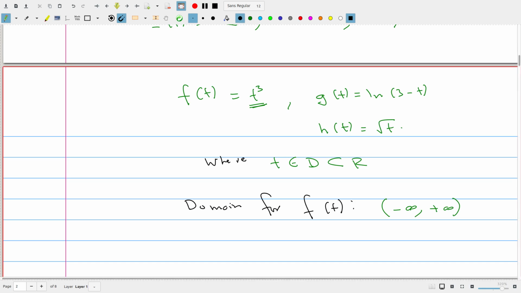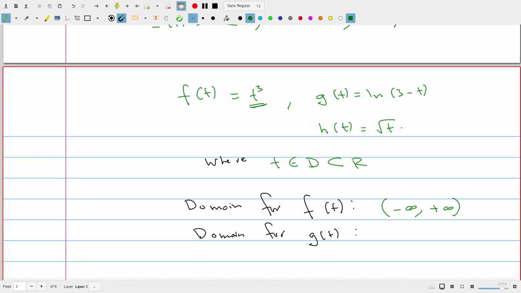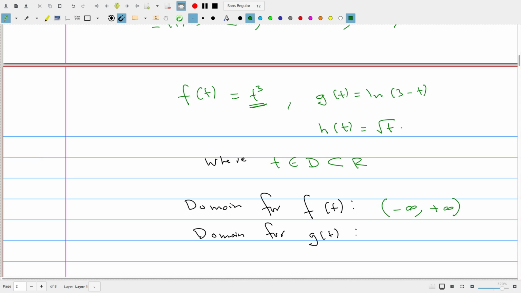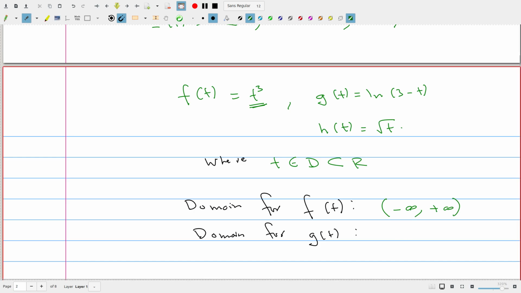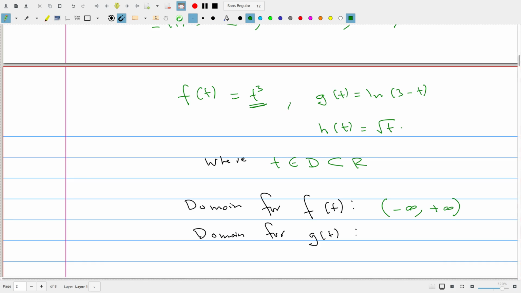The domain for g(t), remember, is ln of 3 minus t. Now the argument in the ln function has to be greater than 0. So t has to be less than 3, because in that case, 3 minus t is going to be greater than 0.